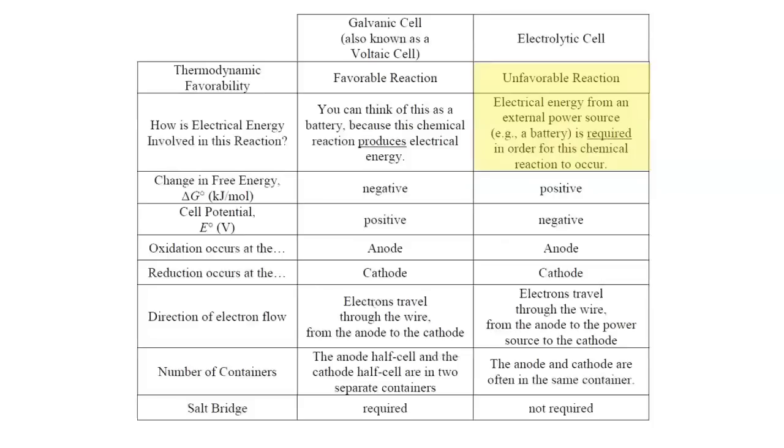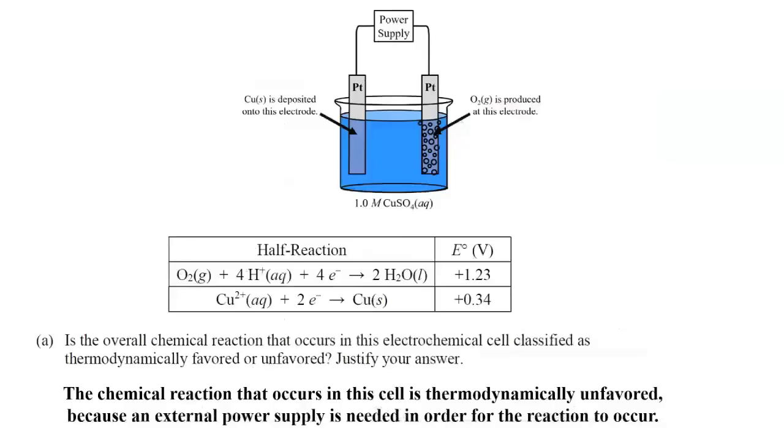So remember that for an electrolytic cell, this is a thermodynamically unfavorable reaction in which electrical energy from an external power source, for example a battery, is required in order for this chemical reaction to occur. So that's going to be our answer to part A of this question. The chemical reaction that occurs in this cell is thermodynamically unfavored because an external power supply is needed in order for the reaction to occur.